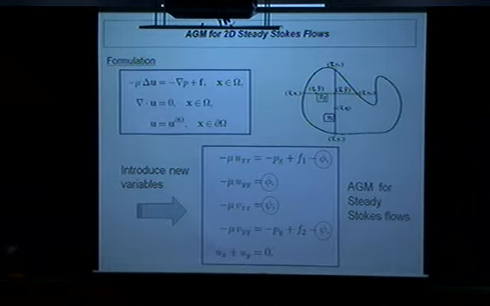Here, the unknown is u. U has 2 components in general in 2 dimensions, and p is another unknown. So we have 3 unknowns. So we can reduce this system of equations into 3 equations in terms of pi and psi and pressure p. Okay, that's the key idea. This decomposition is one of the key ideas.